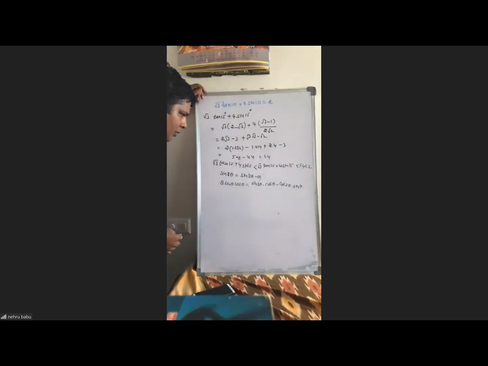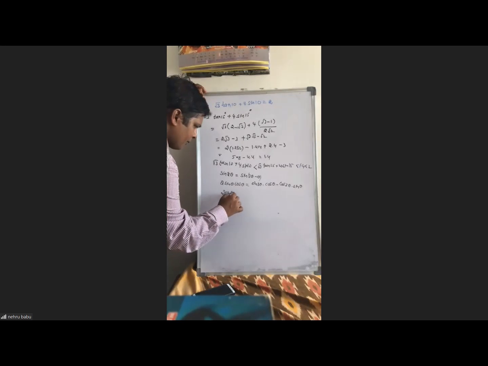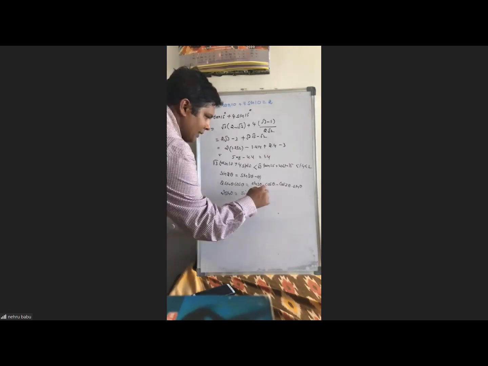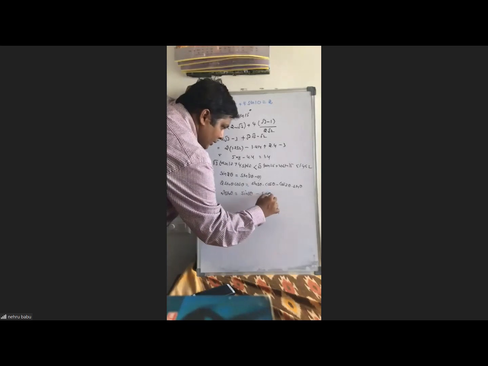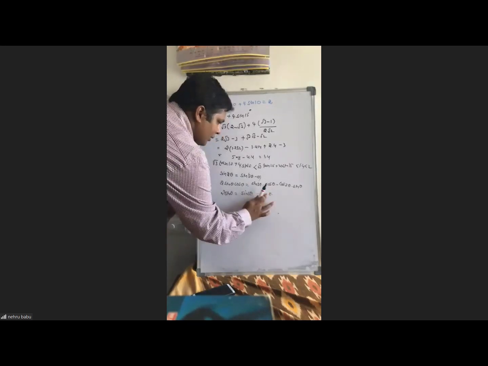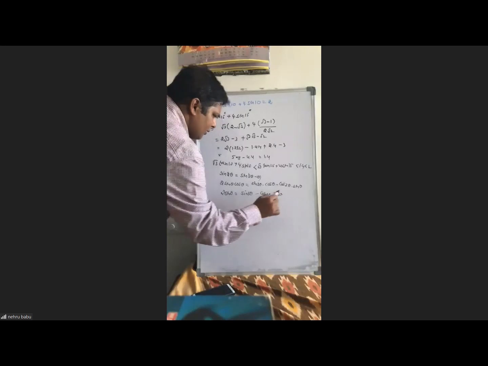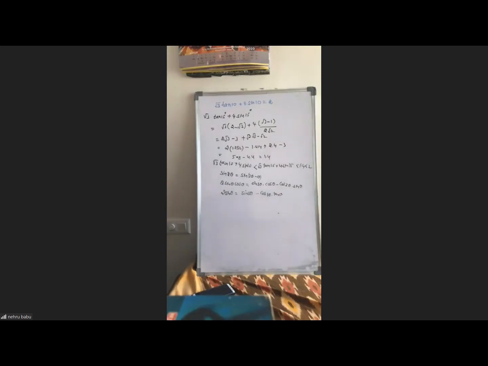Then 2 sin theta equals sin 3 theta minus cos 3 theta into tan theta, right? Yes. Now we'll substitute values for each option.